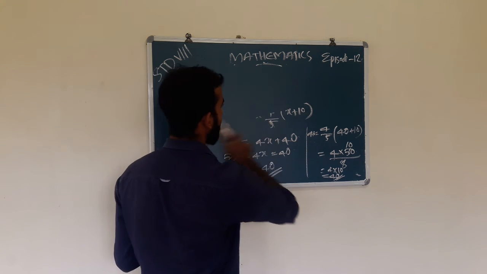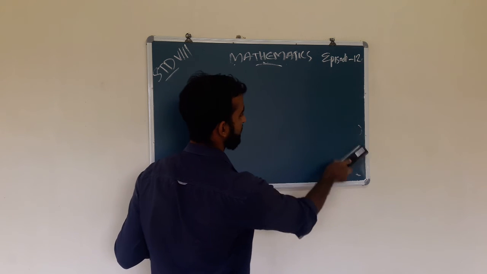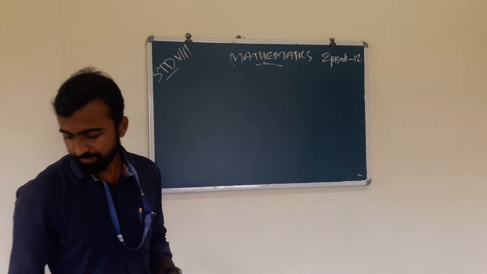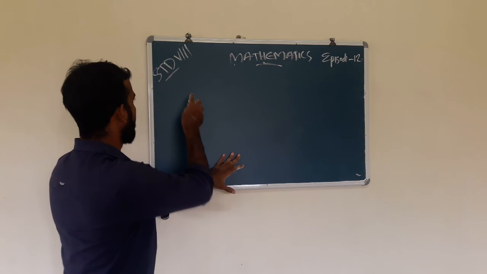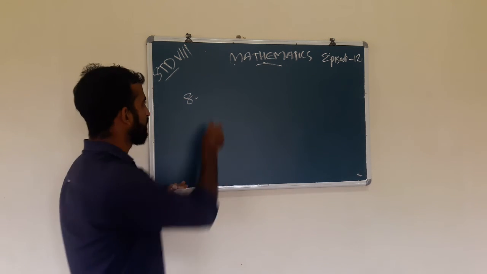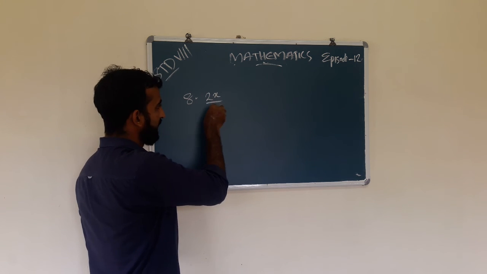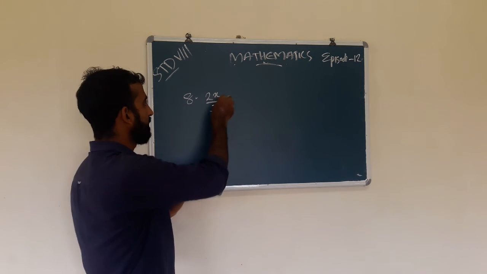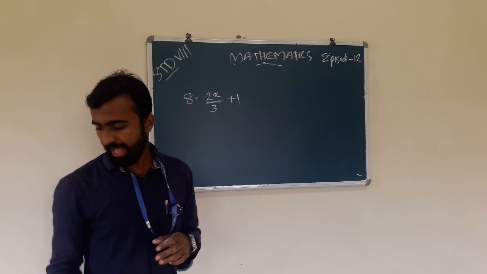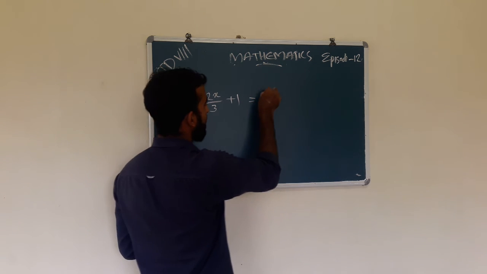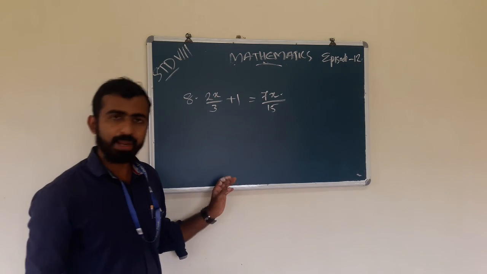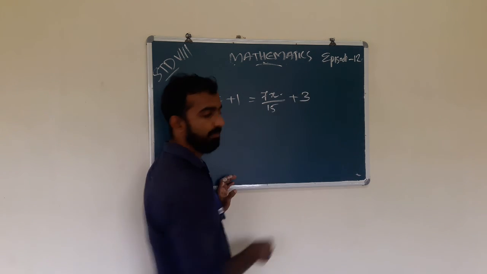question number 8. Question number 8 is 2x by 3 plus 1 equal to 7x by 15 plus 3.